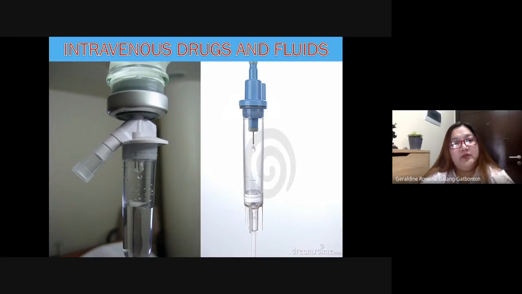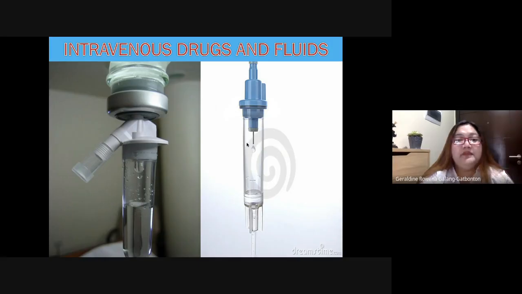Okay? So, let's have the difference between a macro and a microset. Ito yung IV chamber, no, nung suero. So, dito nakalagay, nakadiretso sa ilalim niyan yung IV tubing, tas papuntang patient. Ito din sa ilalim niya yung IV tubing, papuntang patient. Okay? Tapos sa taas nitong mga ito, nandyan yung IV bottles. So, ito yung patak.